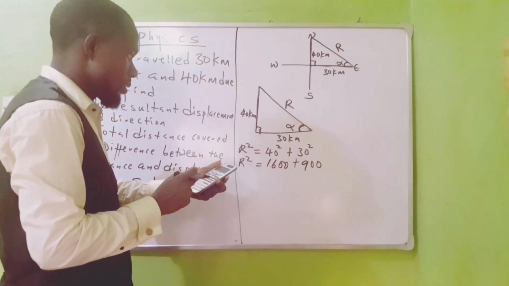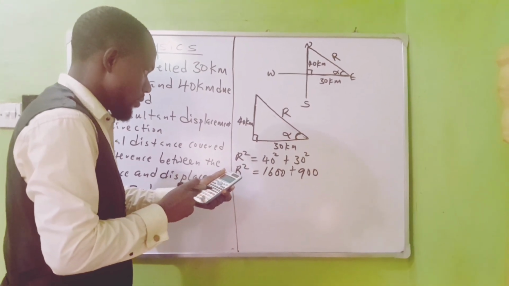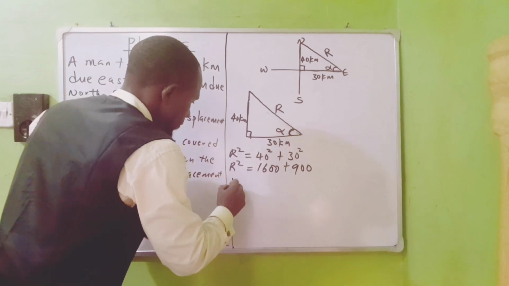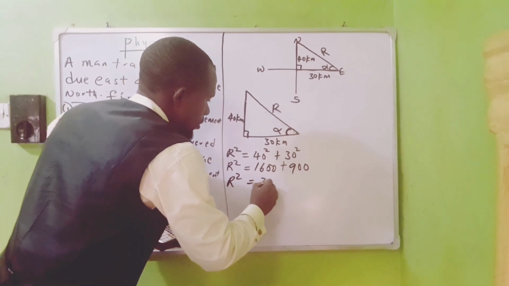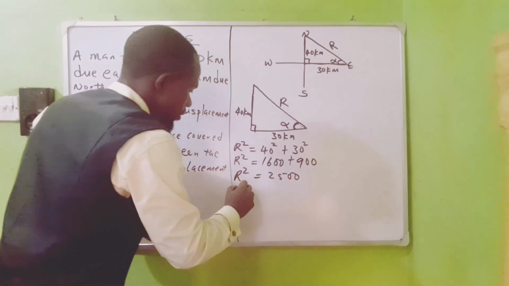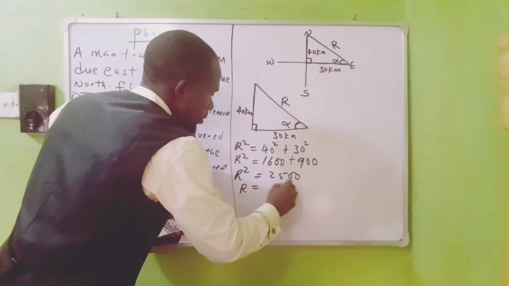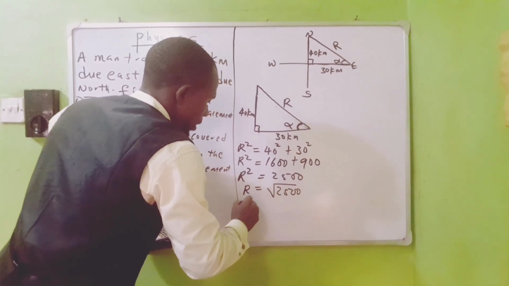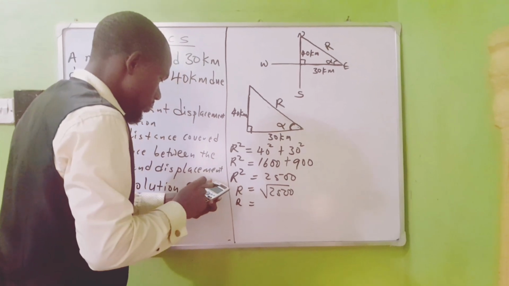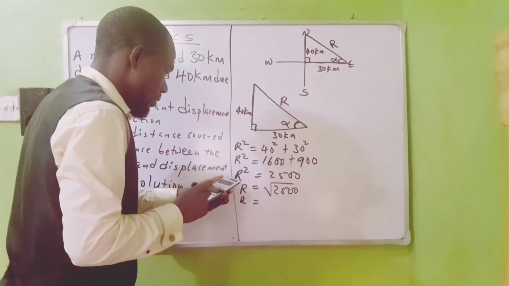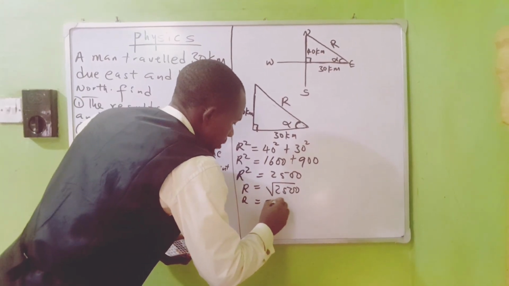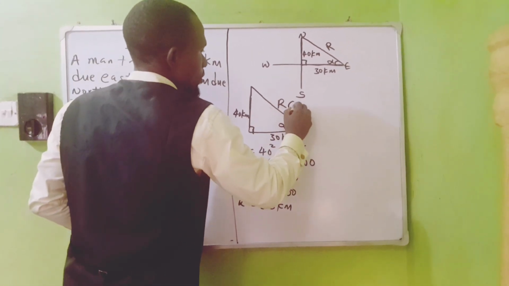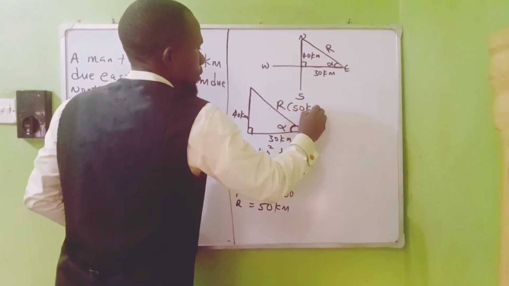I'll add them, 1600 plus 900, I have 2500. So my R square is 2500. So my R is the square root of 2500, and I have 50. So my R is 50 kilometers.